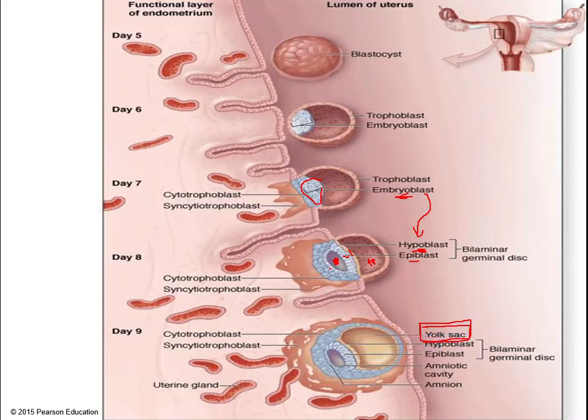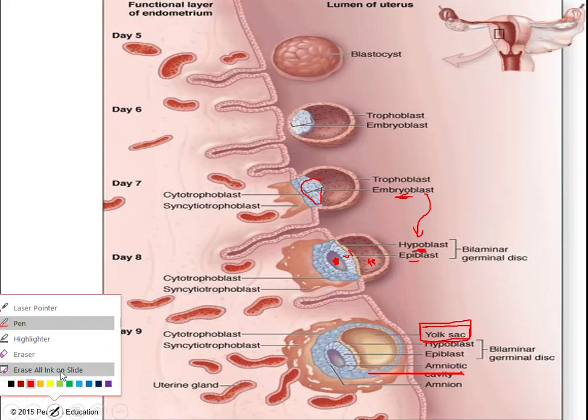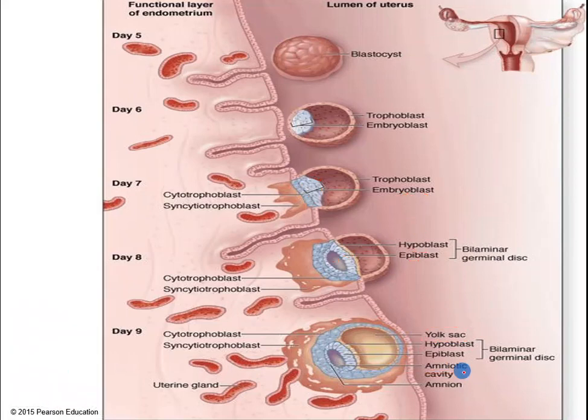And then the amniotic cavity, like I said, will become filled with amniotic fluid, and these epiblast cells will then form the amnion. So this is a sac-like structure that will surround the growing embryo.